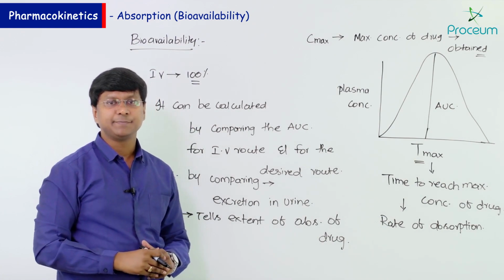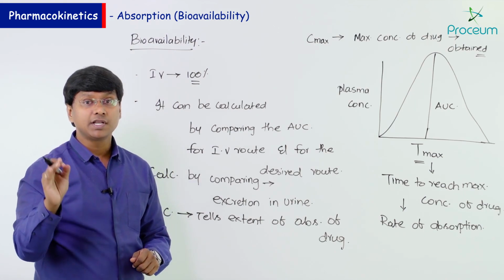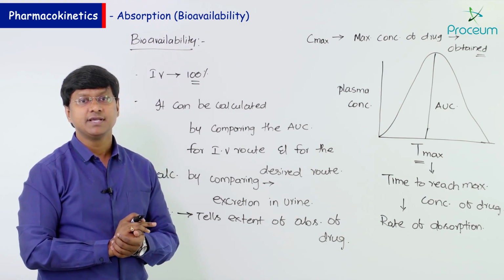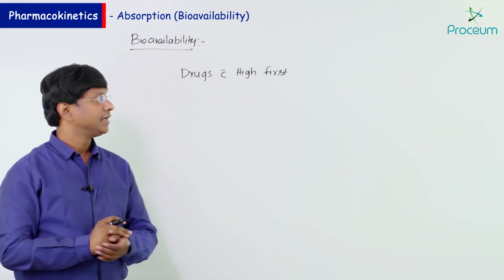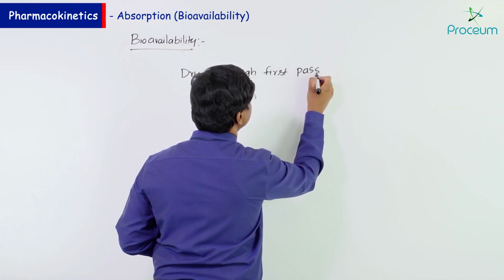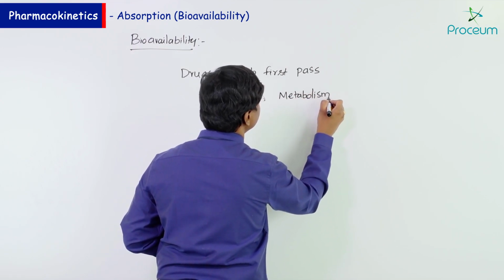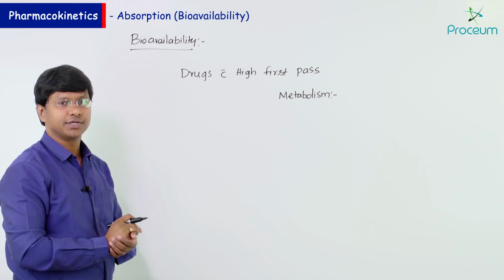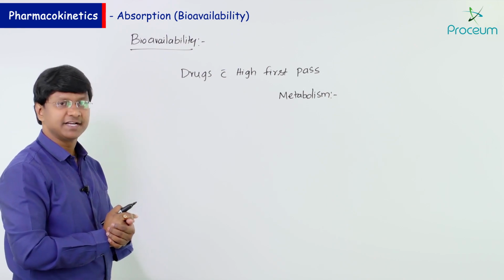Now what is the multiple choice question here? Remember, the multiple choice question which is asked is, what are the drugs with high first pass metabolism? Now let me tell you this in the form of a mnemonic. Remember, nitrates have very high first pass metabolism.